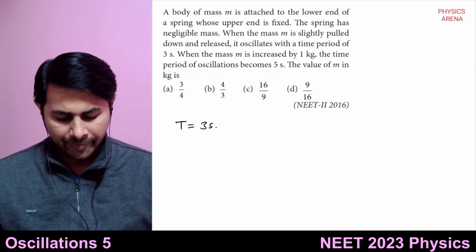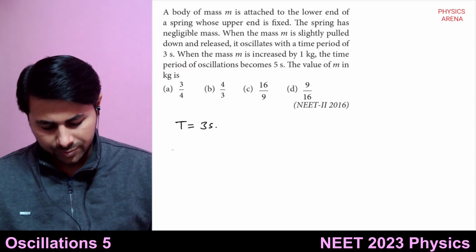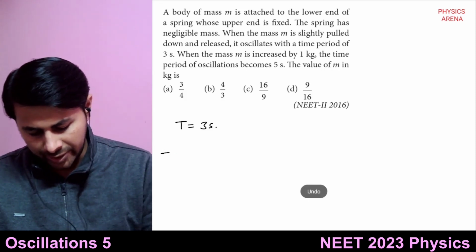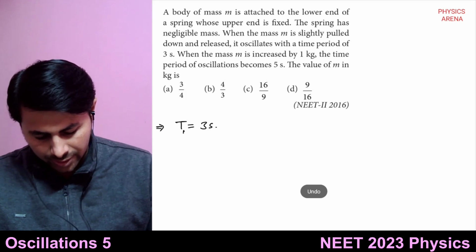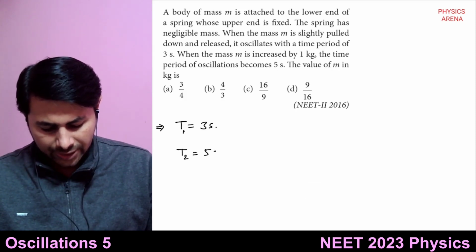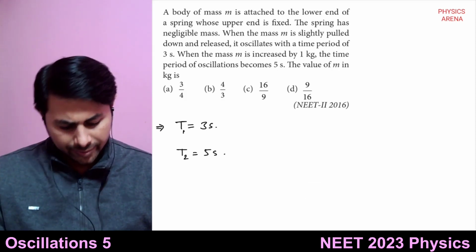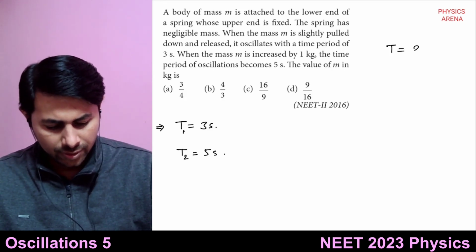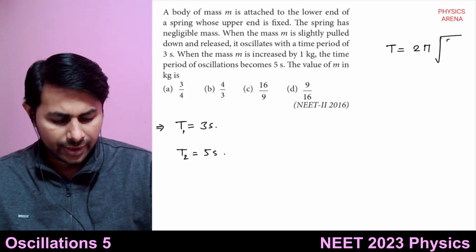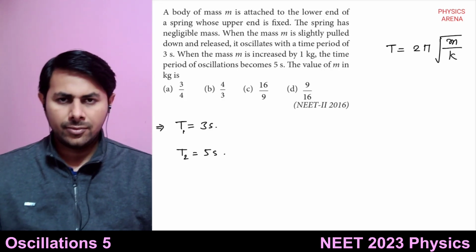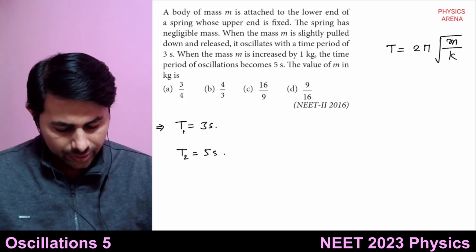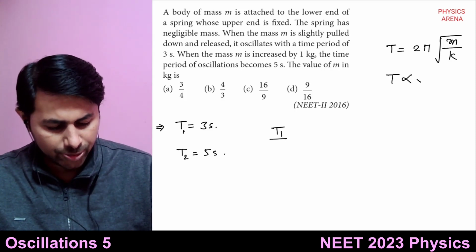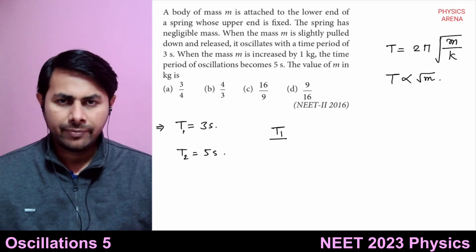The value of m in kg is? So when m is increased by 1, T becomes 5 seconds, right? We have T equals 2 pi square root of m upon k. This formula we have. So T is directly proportional to root m.